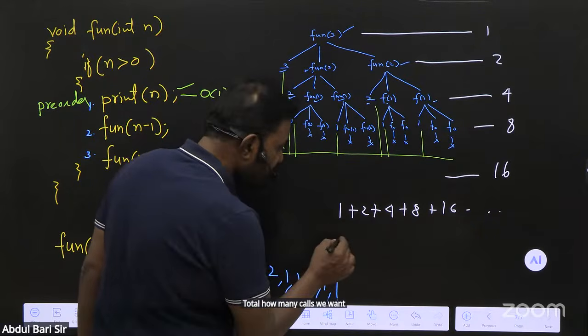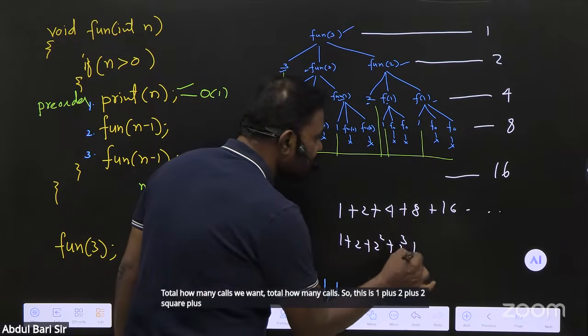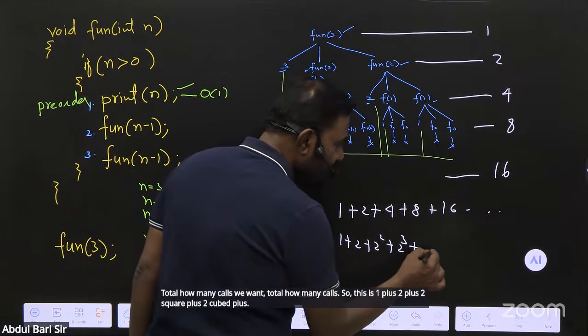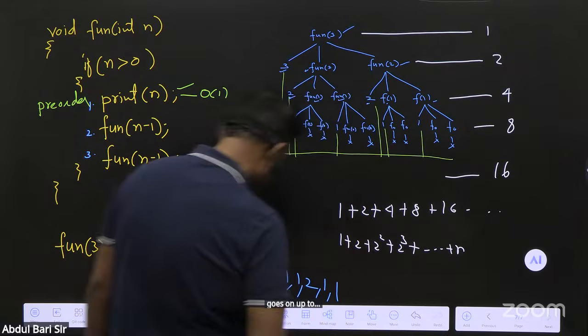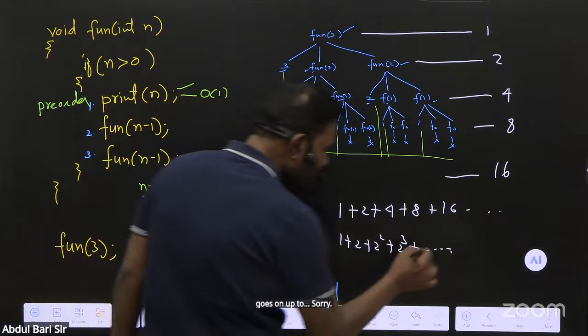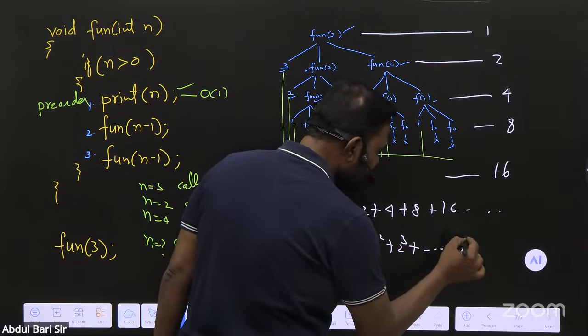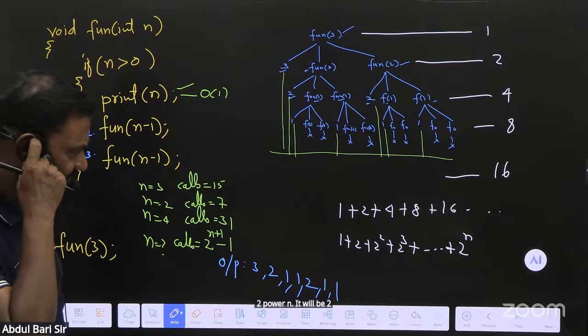Total how many calls? So this is 1 plus 2 square plus 2 cube plus goes on up to 2 power n.